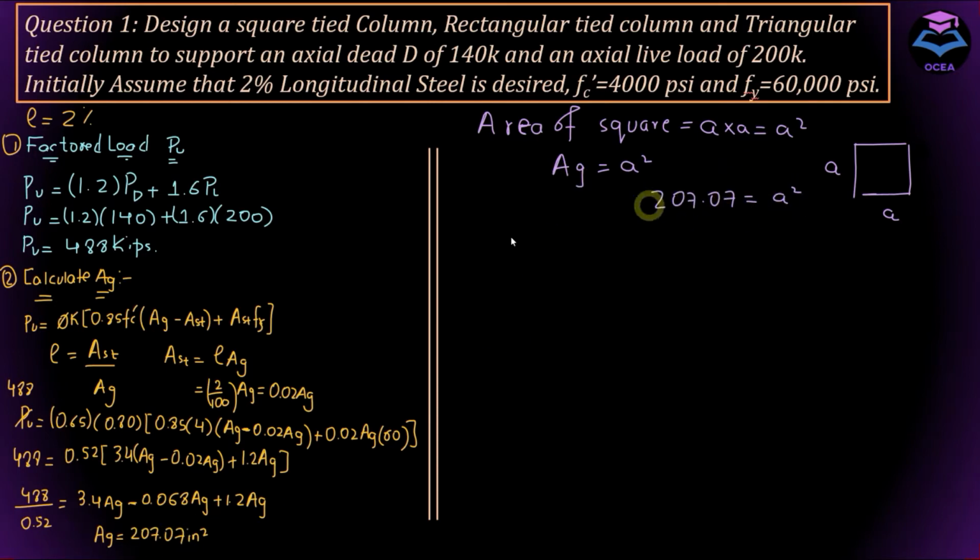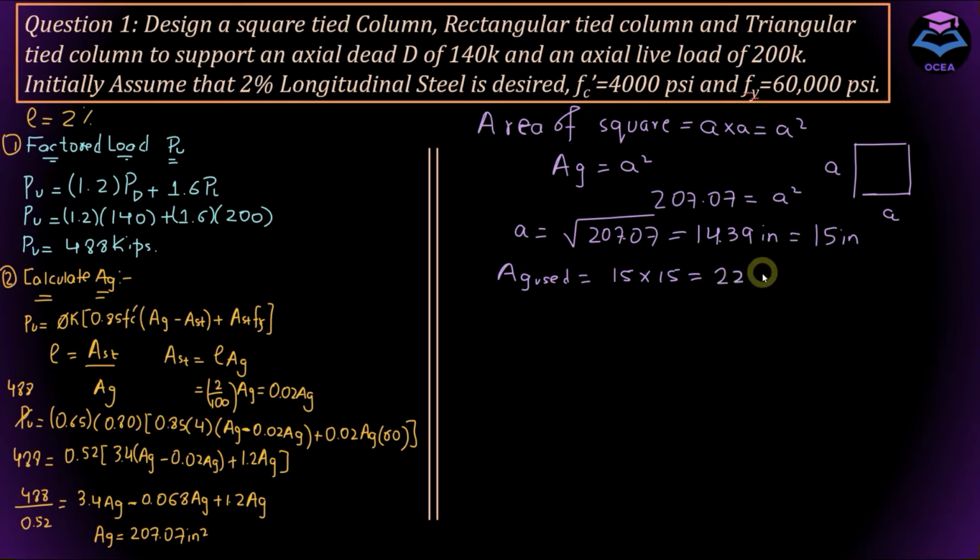If you calculate A from here, A is equal to 14.39 inch. To make it practical, let's approximate it to 15 inches. So the Ag used would be equal to 15 multiplied by 15, which is equal to 225 inches square.